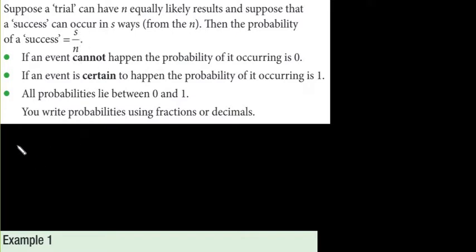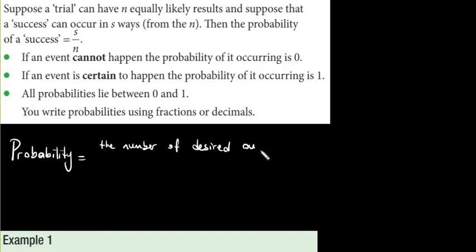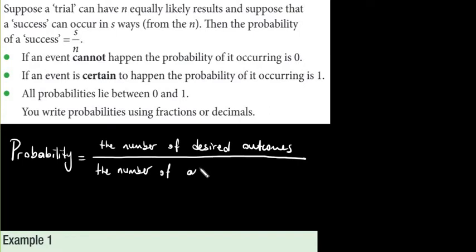Another way of saying this, the probability is the number of desired outcomes over the number of all outcomes.